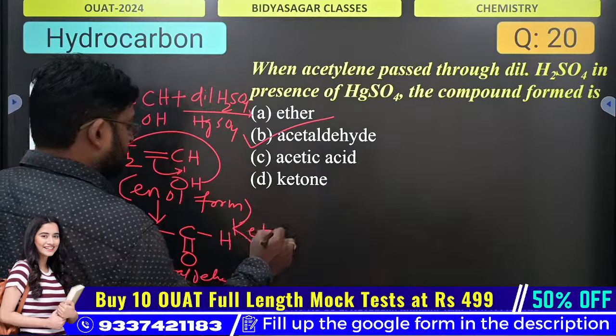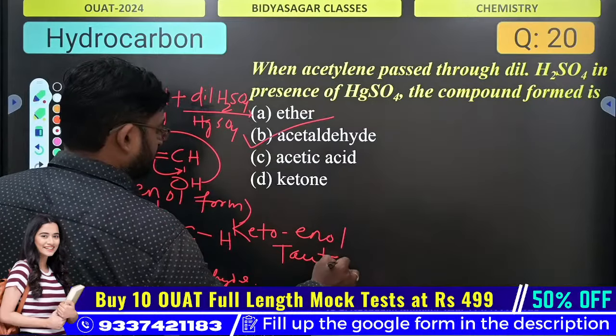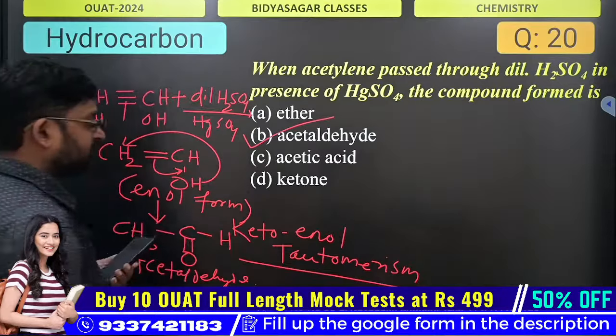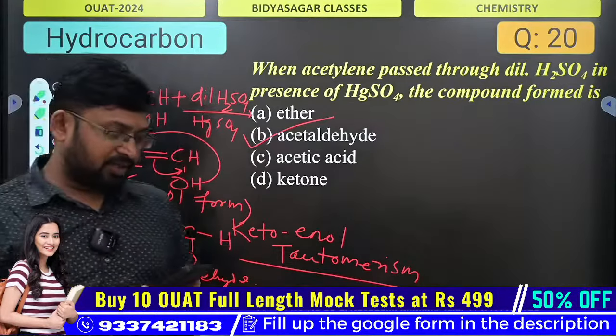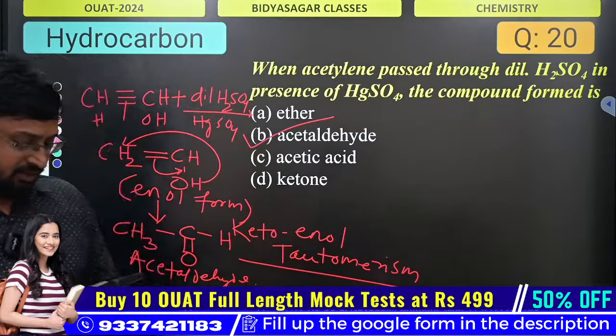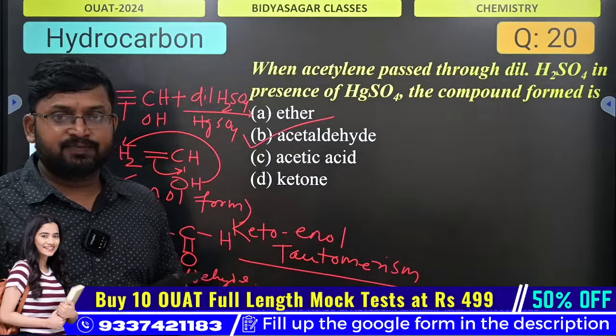Okay. So this is what is called keto-enol tautomerism. So this is called keto-enol tautomerism. So acetaldehyde is the correct answer. Very good.